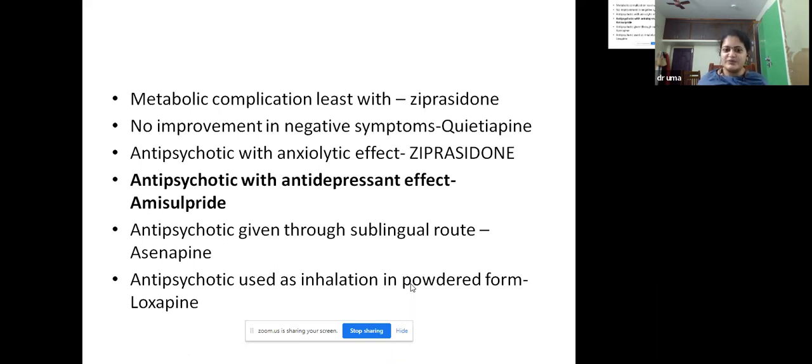So listen carefully to the question, whether it is antidepressant with antipsychotic effect or antipsychotic with antidepressant effect. Antipsychotic with antidepressant effect is amisulpride. Antidepressant with antipsychotic effect is amoxapine. The antipsychotic which is given through the sublingual route is asenapine. The antipsychotic which is given as an inhalational powder is loxapine.